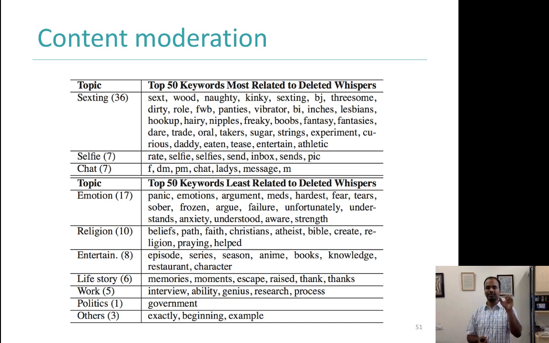The bottom of the table gives you the keywords in the least deleted whispers. Essentially it shows you that sexting, selfie, and chat were the categories most frequently deleted. Emotion, religion, entertainment, life story, work, politics, and others were the least deleted categories from the whispers.